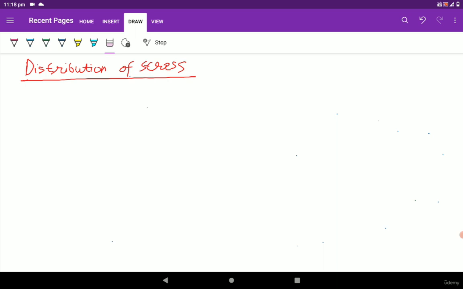Okay. So another thing is that let me plot the diagram.